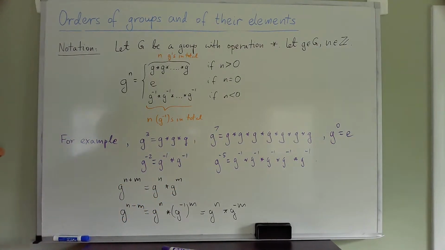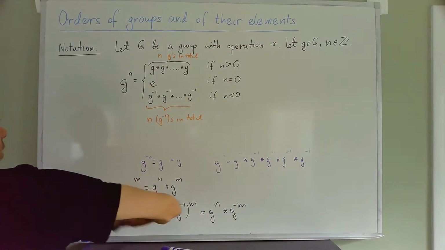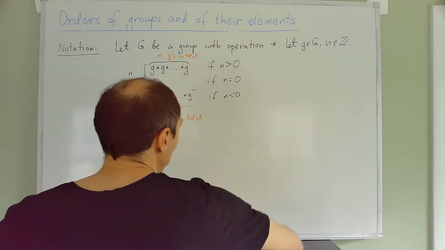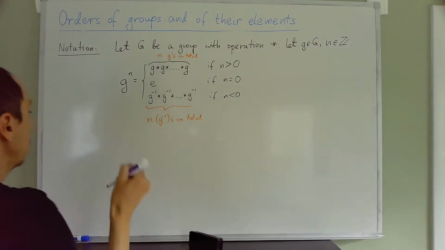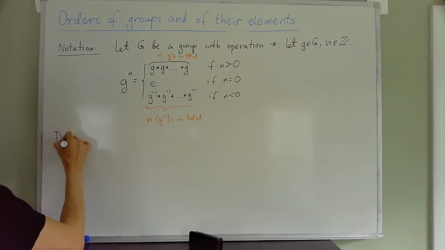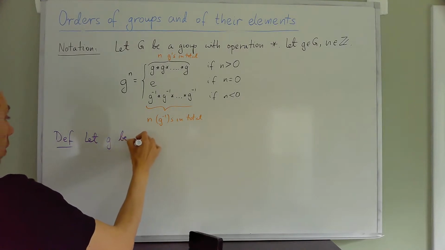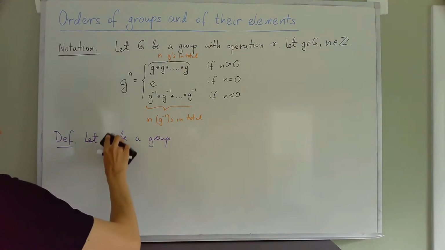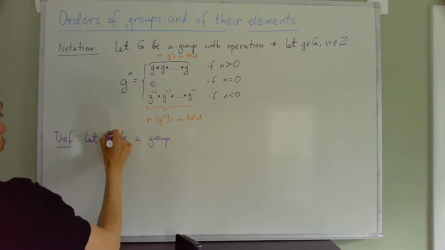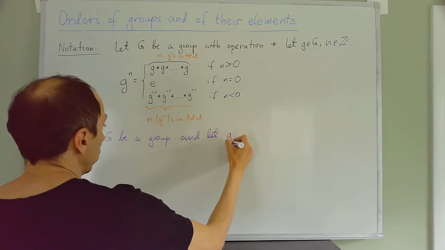Okay, so if I have this notation, I can now define what the order of an element is. Definition. Let capital G be a group, and let g be an element of the group.